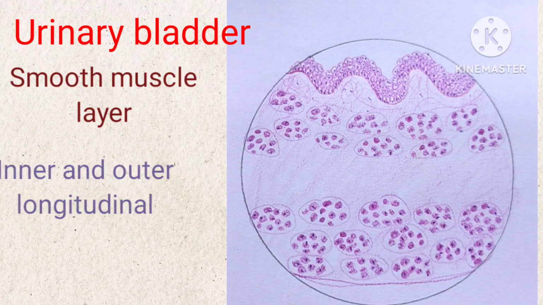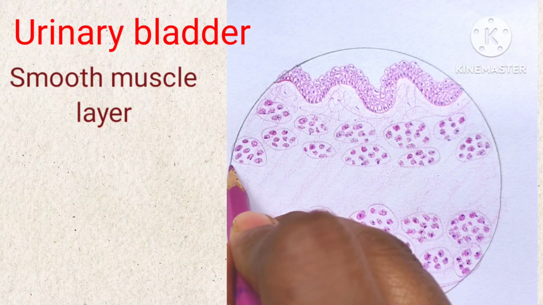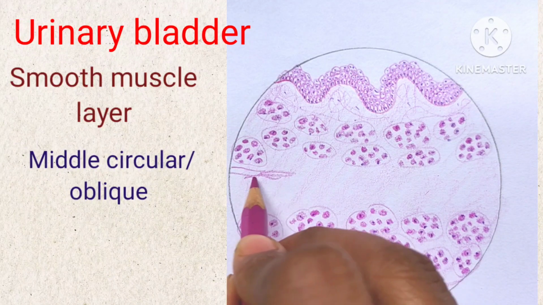Now we'll draw the middle circular smooth muscle. It can be oblique sections of it.